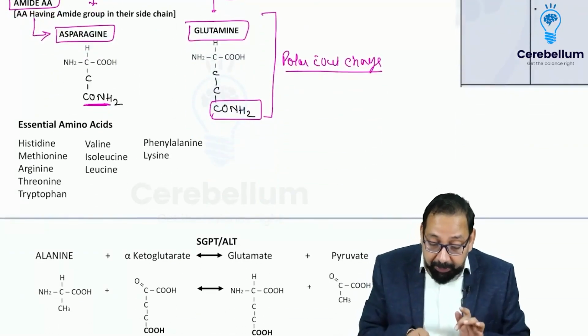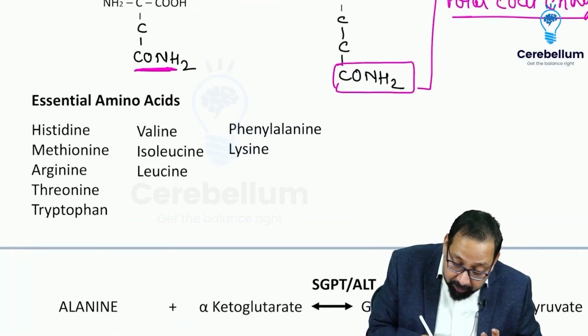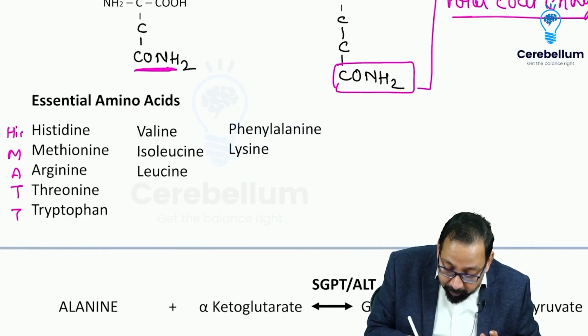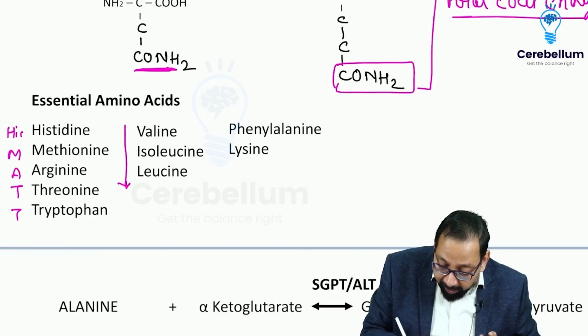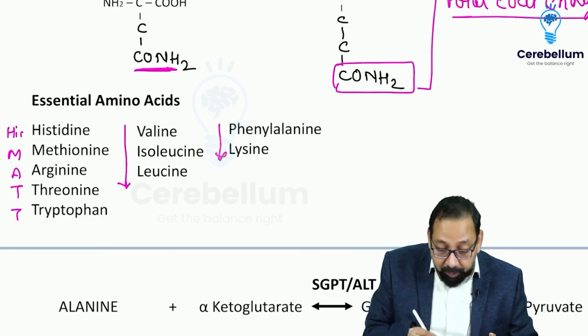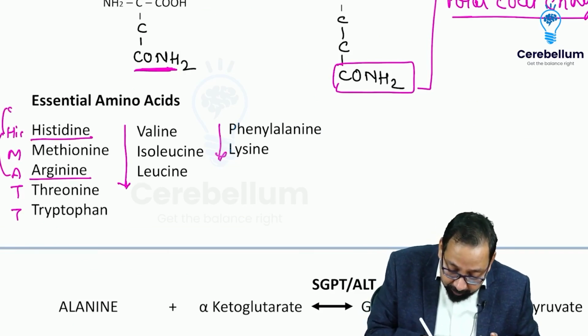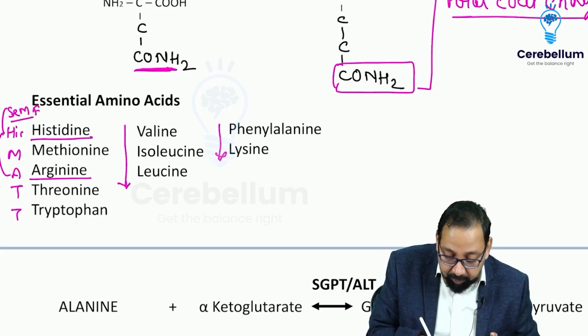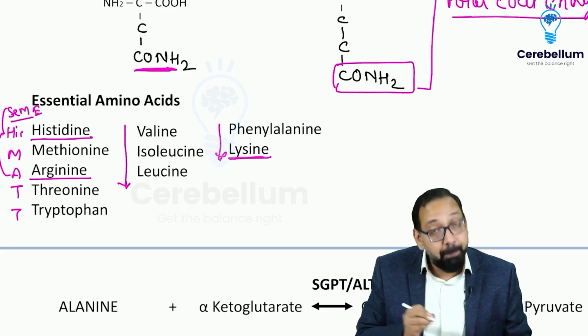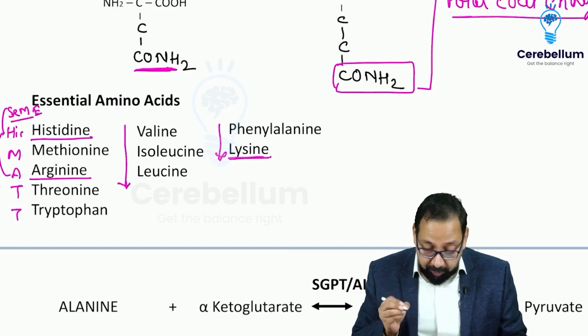Now, the essential amino acids we have discussed. The mnemonic is "his, mat, will, fly". Histidine and arginine are semi-essential. Lysine, a basic amino acid, is essential.